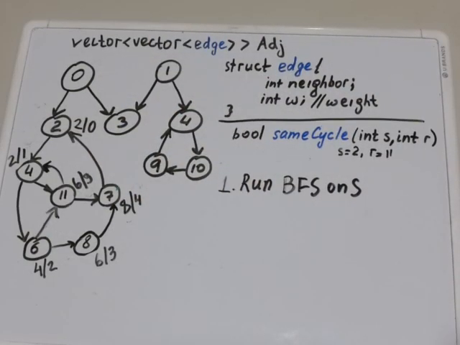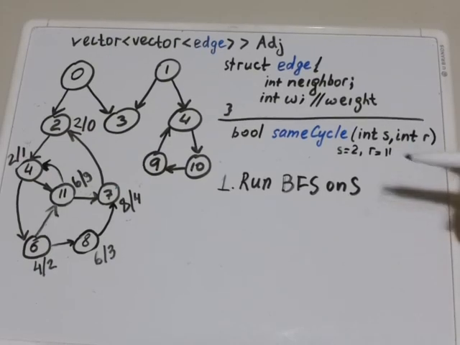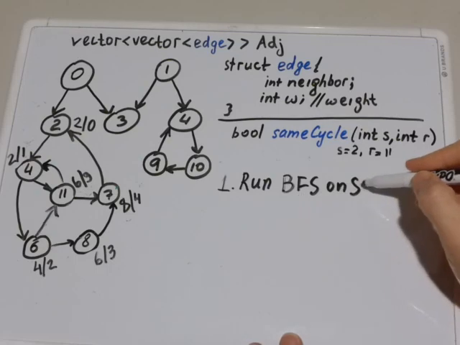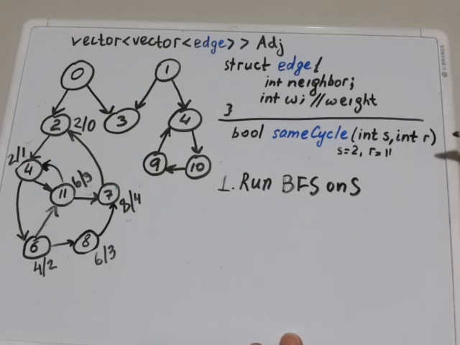What we really need to do here is we would like to backtrack parent array starting with R. So we run BFS on S, this S, first parameter.